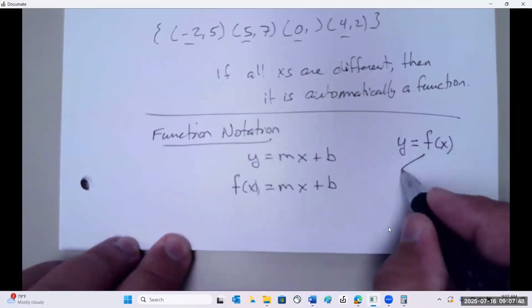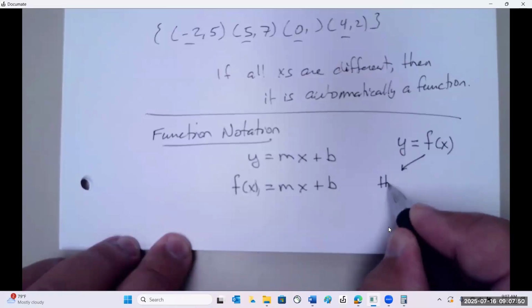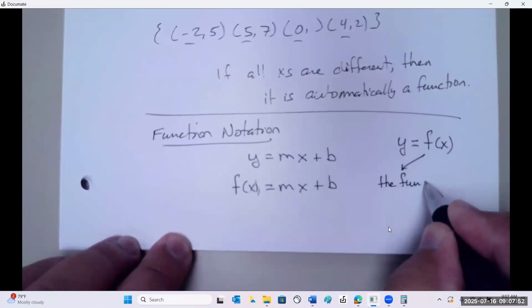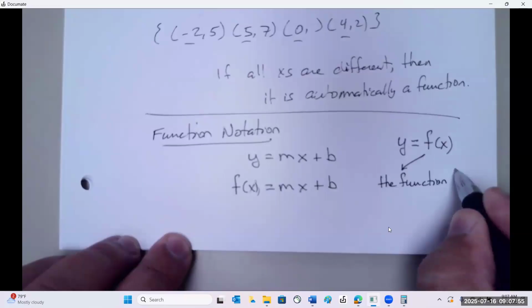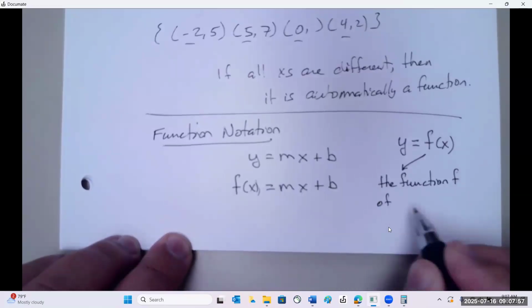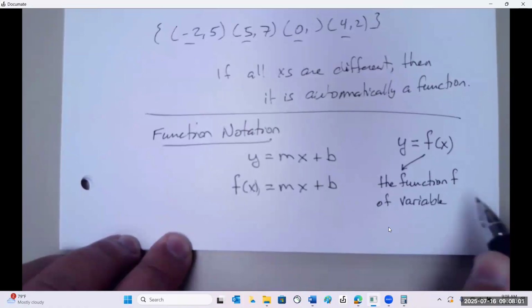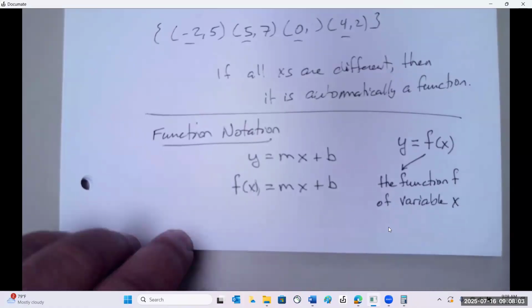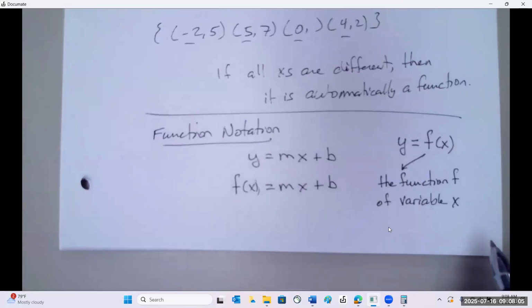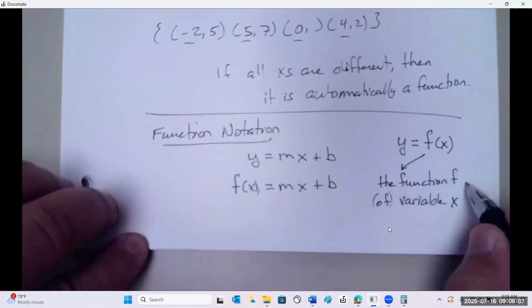It's read the function f of variable x. Or instead of "of," you can say "with variable."